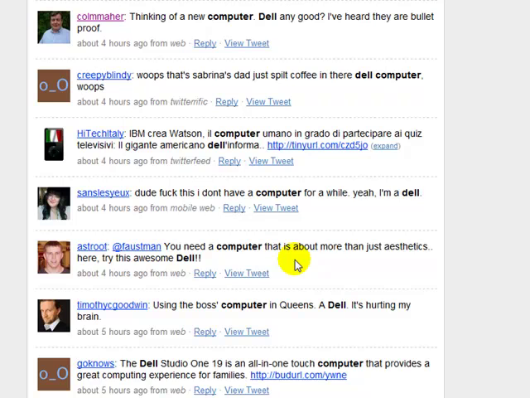And if Dell computer is smart, which they are, they're going to be following up on these bashes, and they're going to be following up on these leads. And they're going to want more referrals than bashes on Twitter. No question about that.